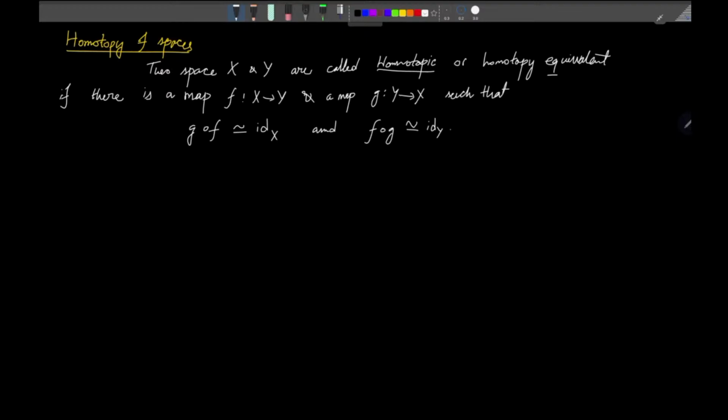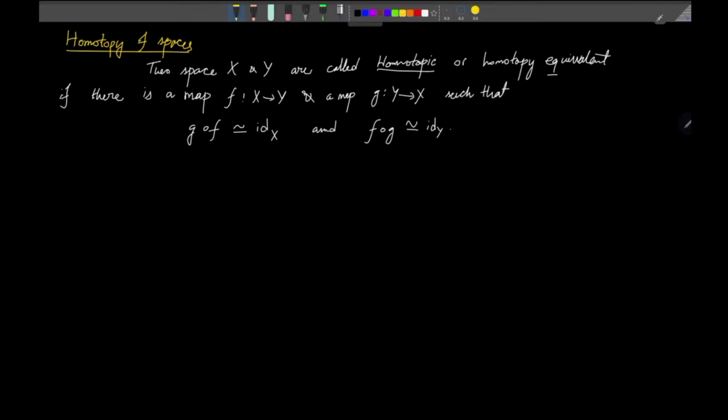And what does this definition really mean or stand for? Before introducing homotopy and getting into all that stuff, there is a notion of equivalence of two spaces in topology, which is that of a homeomorphism.